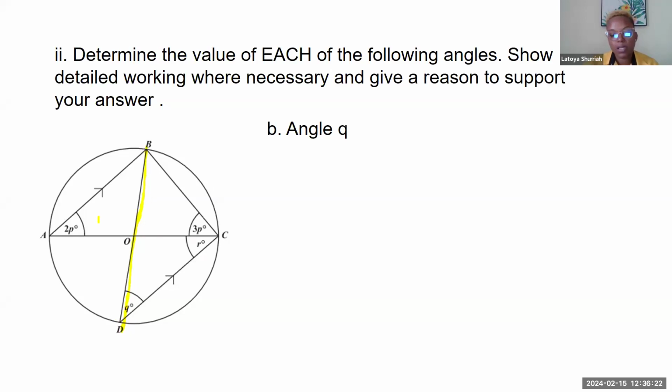For angle Q, are both arms of the angle that forms Q, which is this arm here and this arm here, subtended from the diameter? Okay, thank you, Rihanna and Alyssa. No, it's not, which means that the theorem about the diameter and the angle at the circumference cannot be used.